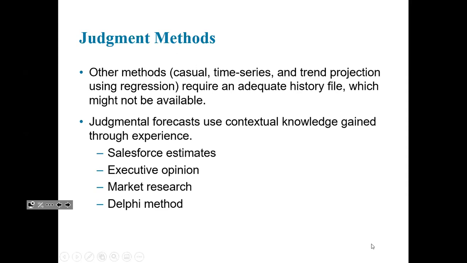And this can go on for second or third round until we come to some form of a consensus of what future demand might be. Okay, so the Delphi technique is usually a back and forth multi-step process, which tries to get opinions and ask questions about why do you think this should be.